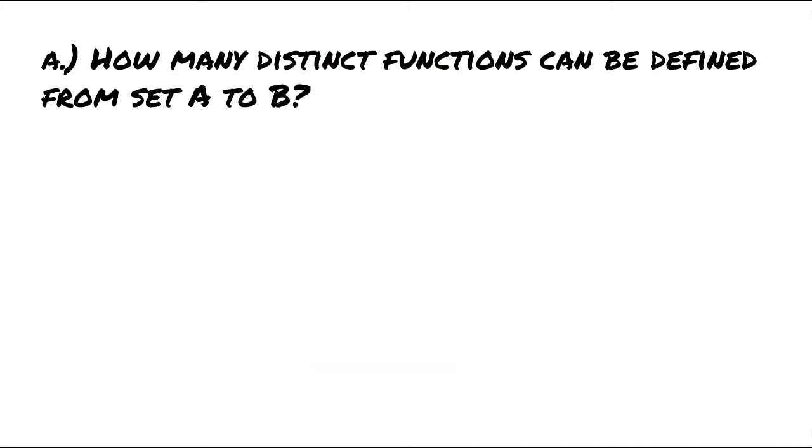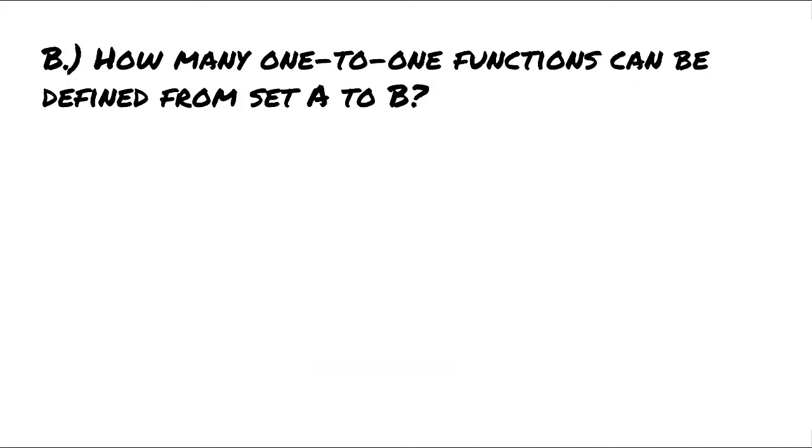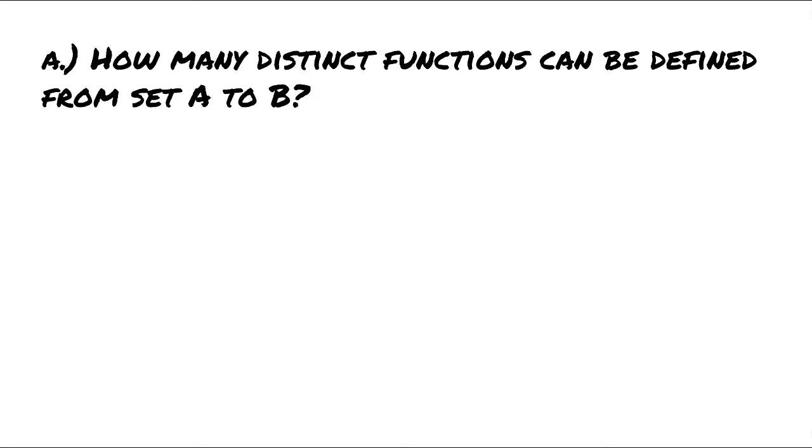How about how many one-to-one functions can be defined from set A to set B? The number of distinct functions from set A amounts to the cardinality of B raised to the cardinality of A, because we could repeat the assignment.